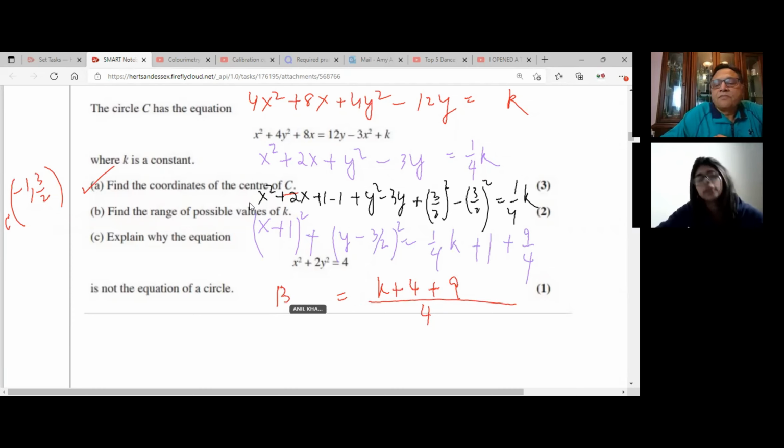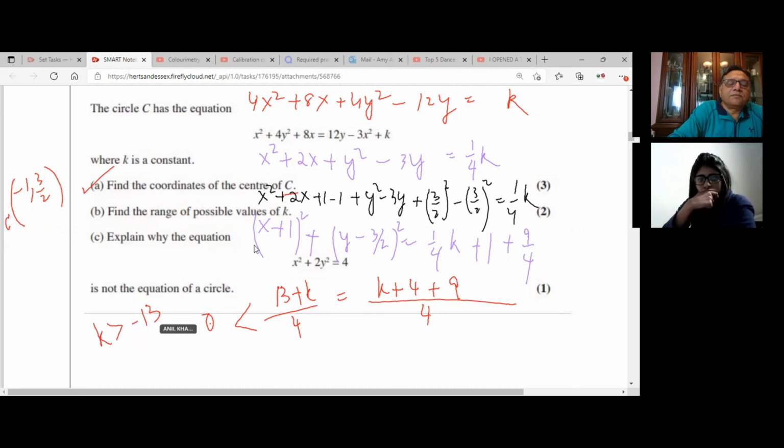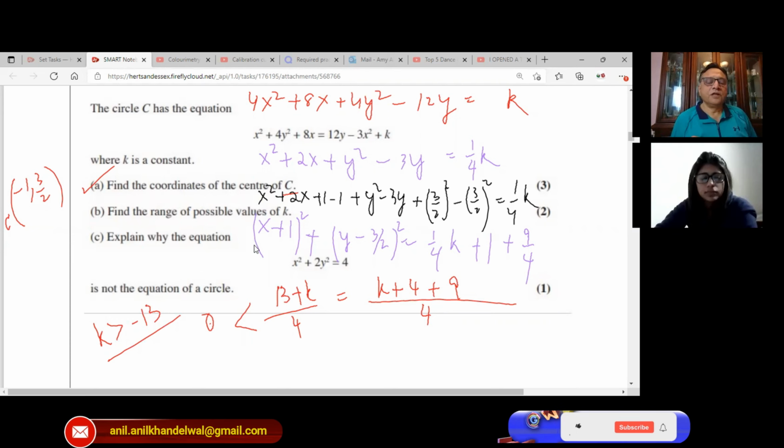It has to be greater than 0, and therefore k is greater than minus 13. So that becomes your range for k.